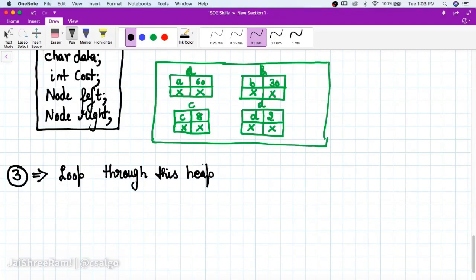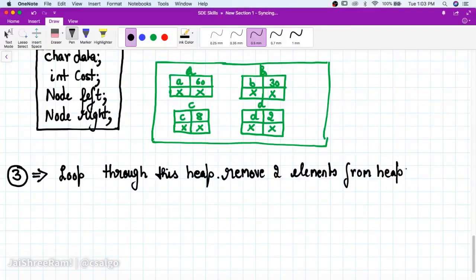While looping, we will remove the two elements from the heap and we will combine them.